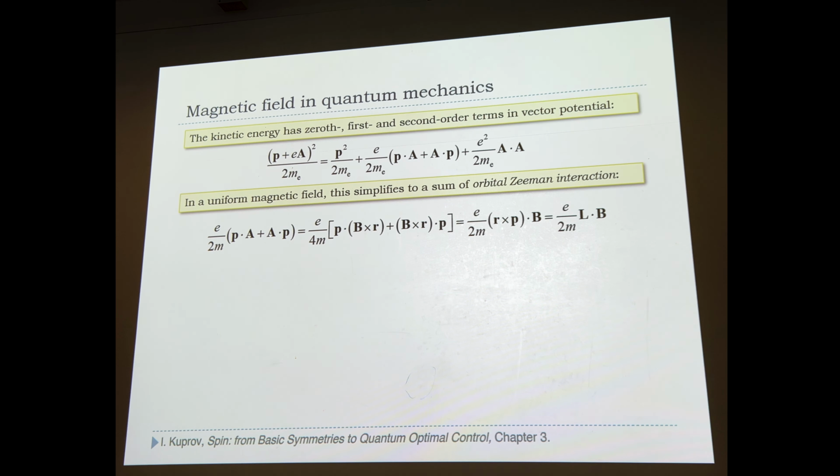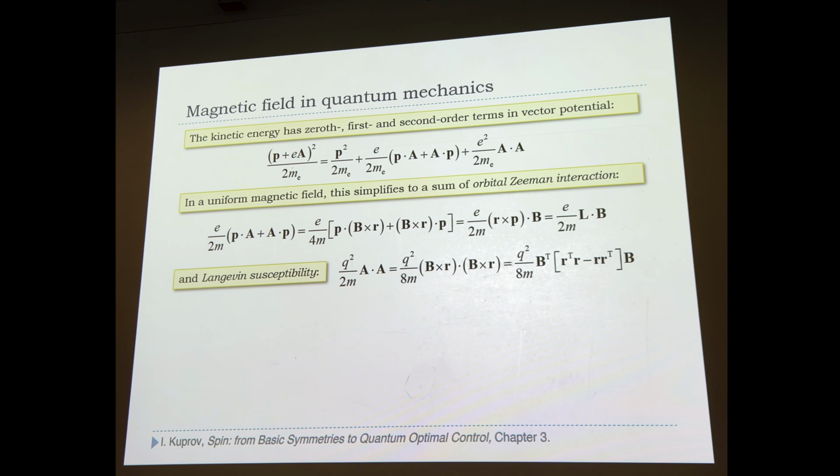We get this R cross P. R cross P, of course, is the angular momentum operator, and B is a constant, and so we have a coupling between the magnetic moment associated with the orbital angular momentum of the electron. Remember, the moving charge is a current, current is a magnetic moment that will interact with the magnetic field, and so this is called the orbital Zeeman interaction for that reason, after Peter Zeeman.